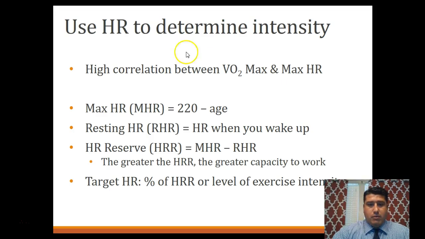Okay, so in order to determine your target heart rate zone, first of all, resting heart rate, if you don't remember from me mentioning it earlier, is also a measure of fitness.